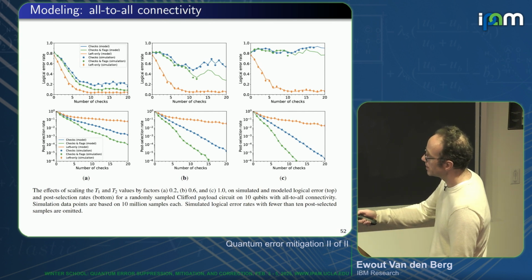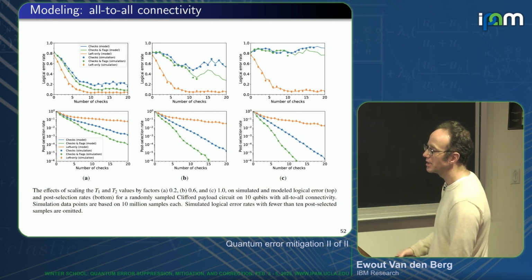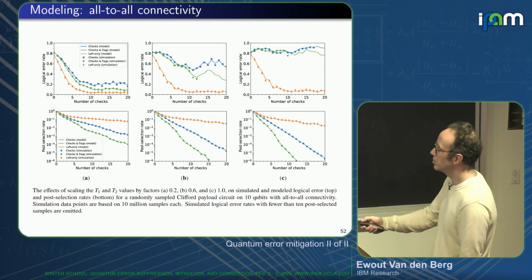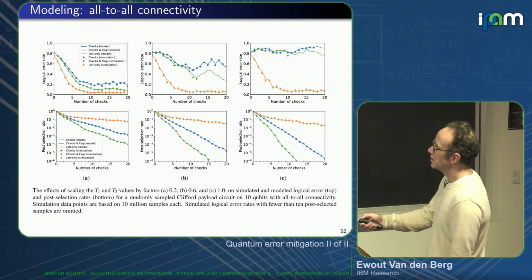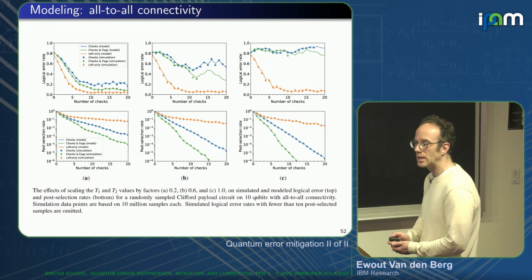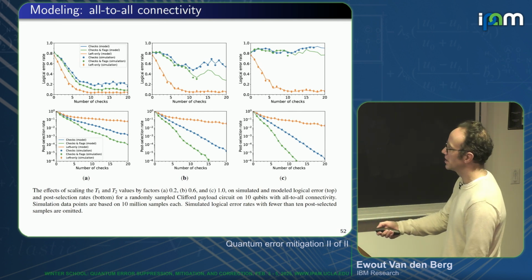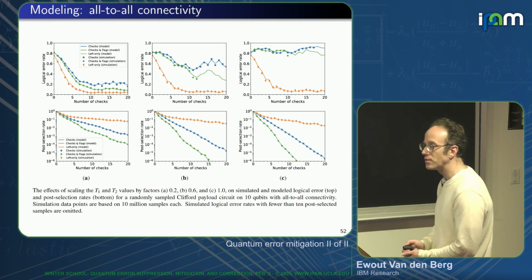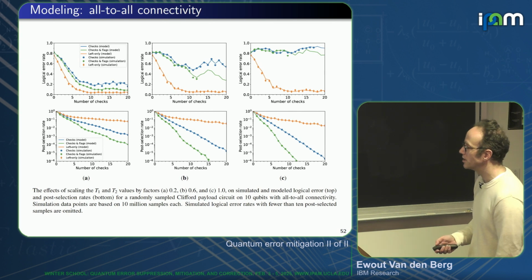But in the other two settings, the error rate gets worse because you spend so much time doing nothing in between with the number of checks that you introduce more errors than you get out. And this also has an effect on the post-selection rates, which decrease much faster in this case because the error is just bigger.